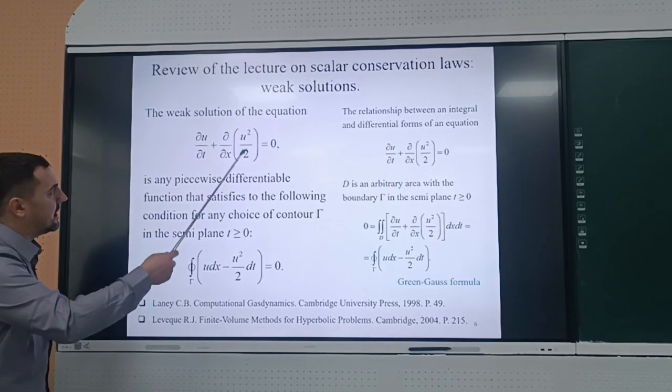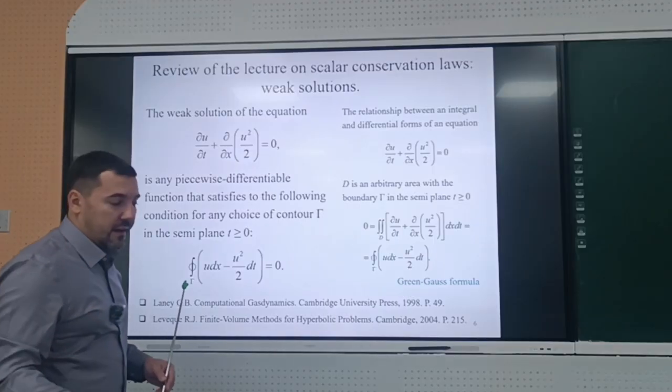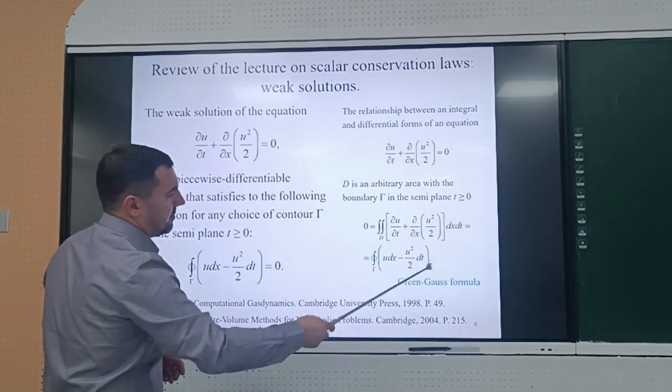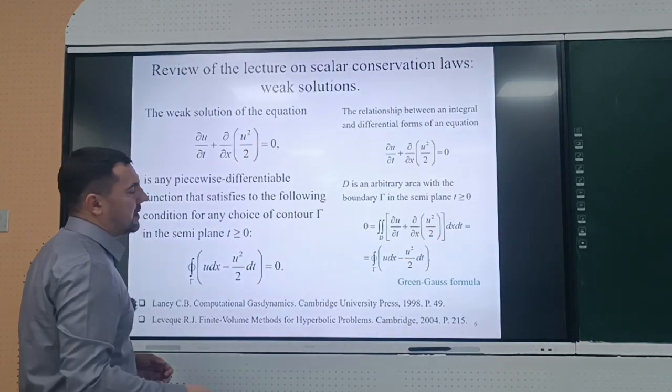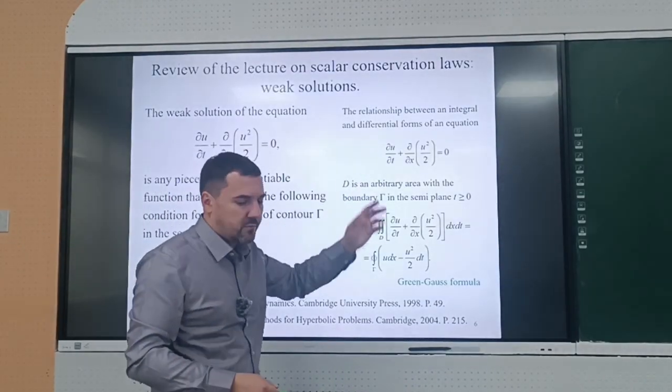It means that the weak solution of this equation is the solution that satisfies the integral form of this equation. And actually there is a formal Green-Gauss formula approach to transform from one form to another.